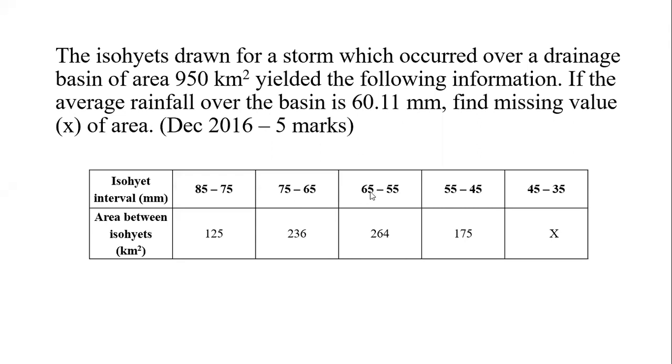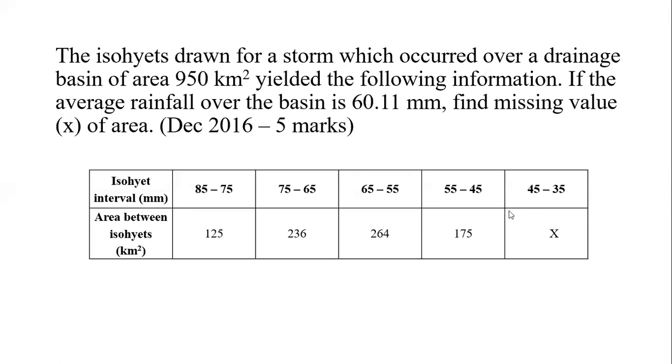Then 65 to 55, area 264 square kilometers. Then between 55 and 45 millimeters, the area enclosed is 175 square kilometers, and for the last interval, 45 and 35 millimeters, the area is unknown.